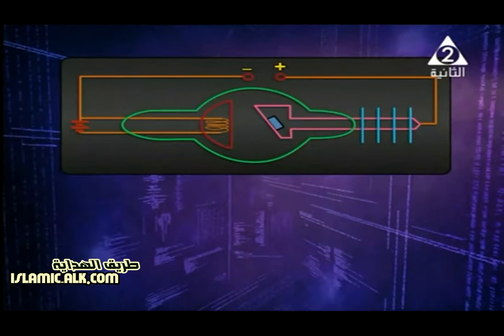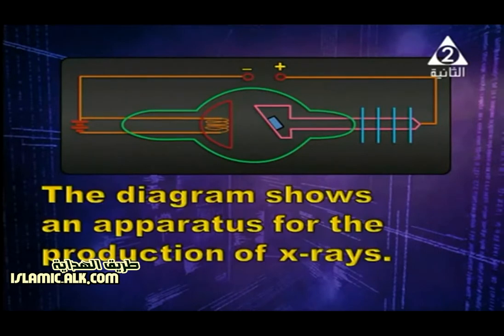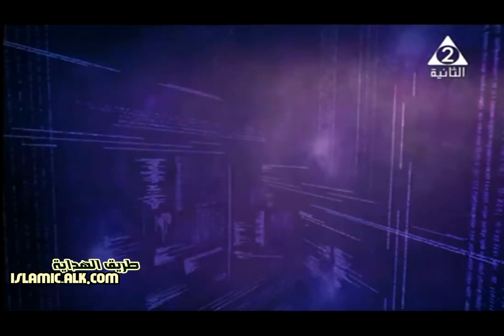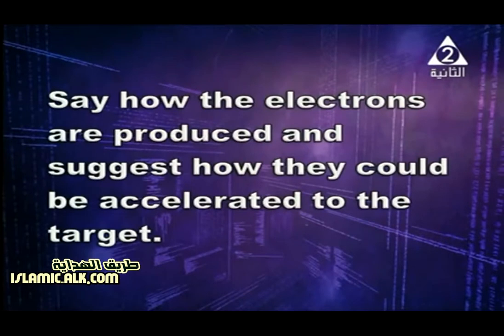And now we've got another important question. It is about X-rays. The diagram shows an apparatus used for producing X-rays. Show how the electrons are produced and suggest how they could be accelerated to the target.